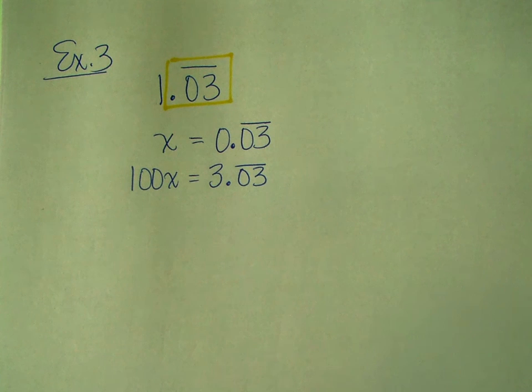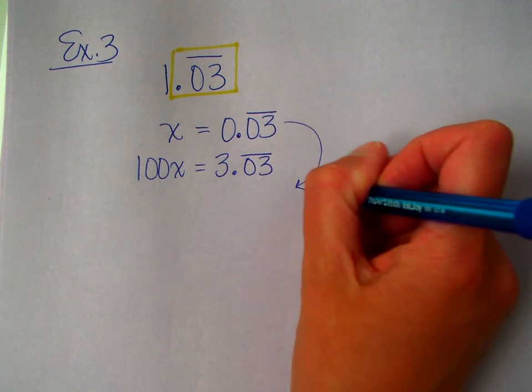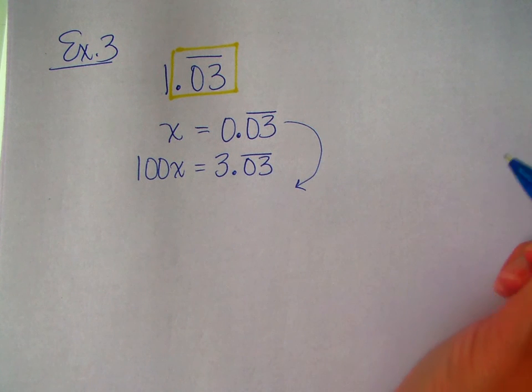What do we subtract from both sides now? Subtract the x. And it's really like what's up above here. I'm going to subtract that now from both sides. So subtract x and subtract the repeating part, which is also x.